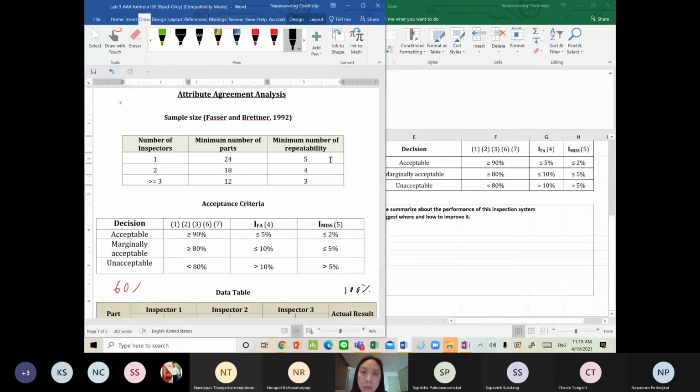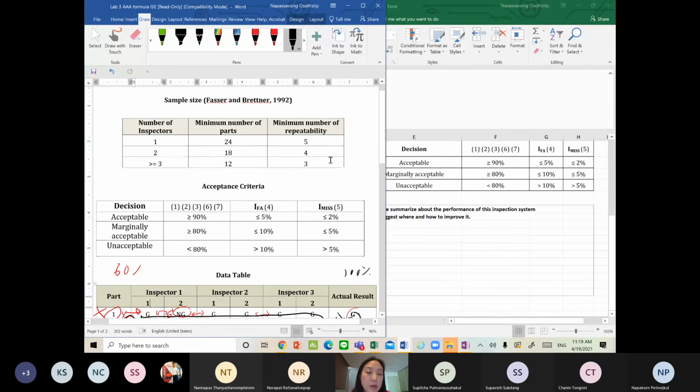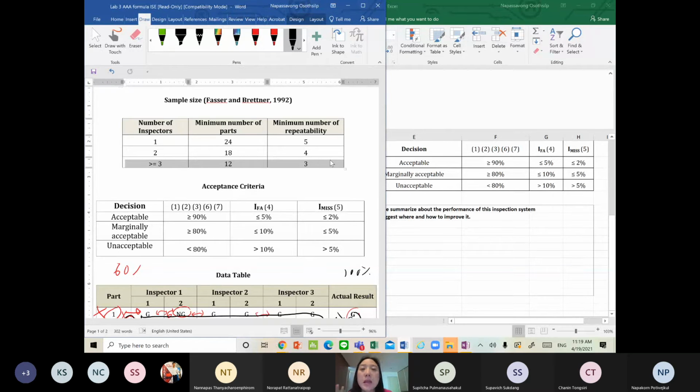From this table, in this case, we have 3 inspectors, and we fall into this row. That means we need 12 parts. We need each inspector to inspect 12 parts, and for each part, we need them to inspect 3 times.